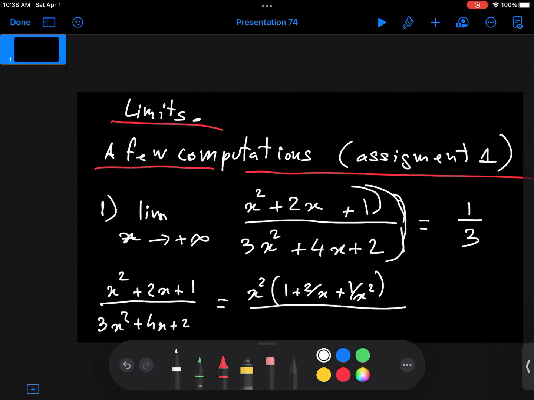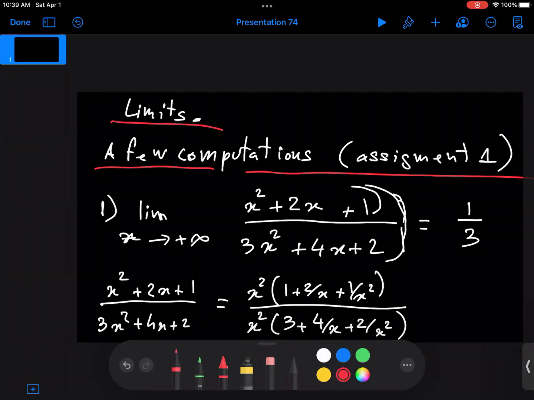I can do the same thing for the denominator: I put x squared in front and I obtain 3 plus 4 divided by x plus 2 divided by x squared. Now, what's interesting is that in the numerator and the denominator, these two x squared cancel.